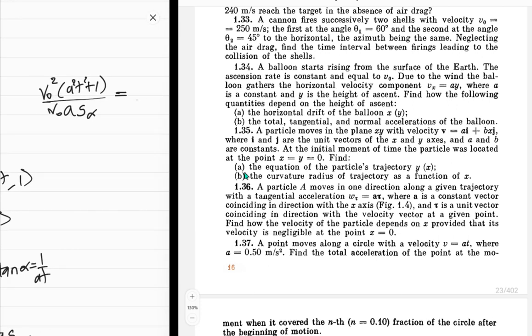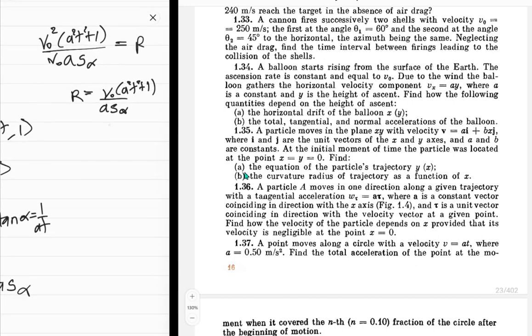That should be equal to r. That would be v naught upon, wow, this is weird. A is not unitless. Right, this makes sense: a sine alpha, a squared t squared plus 1. Now, what is sine alpha?